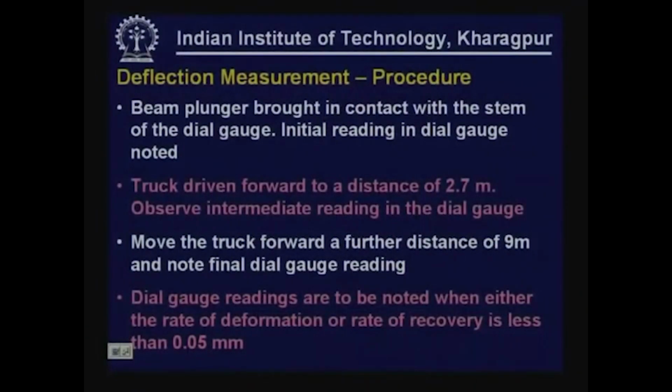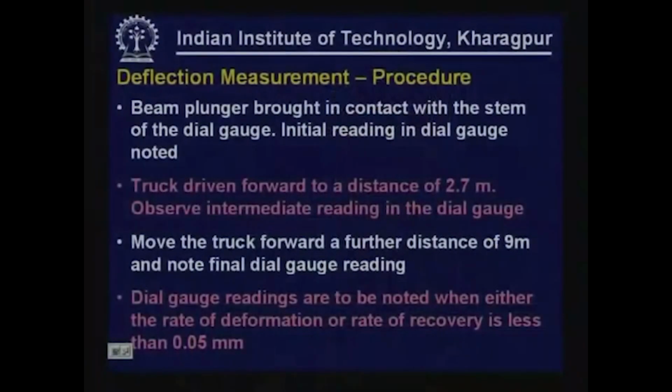The truck will then be asked to move away by a further distance of 9 meters. So, starting from the initial point of 0, the next position of the rear wheel load will be 2.7 meters. Next position will be after the wheel load is moved by a further distance of 9 meters.